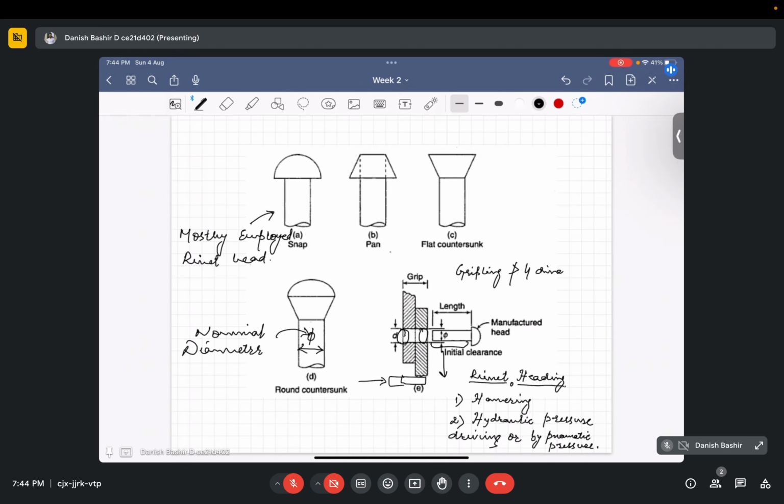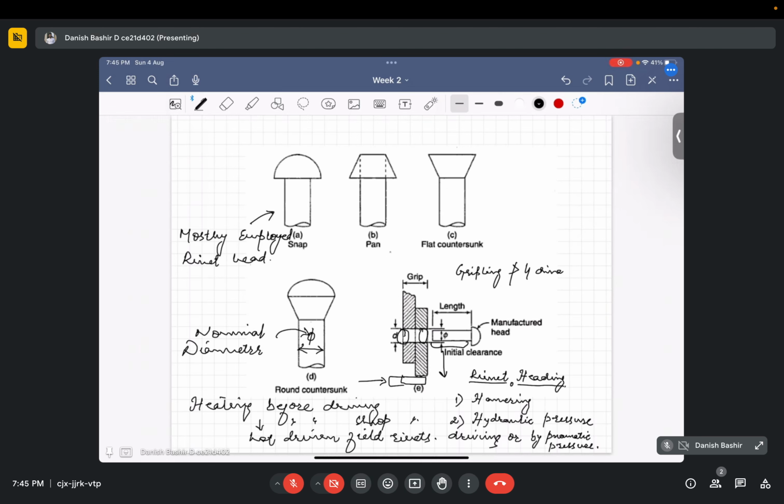When the rivets are heated before driving, they are called hot driven field rivets, or hot driven shop rivets.